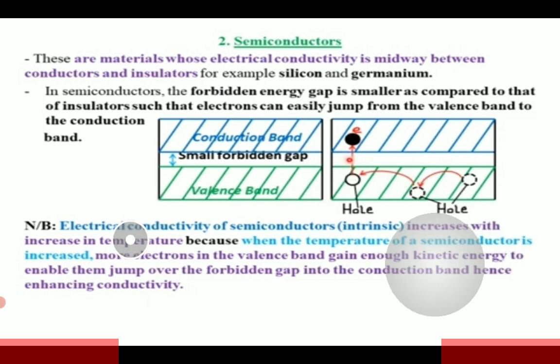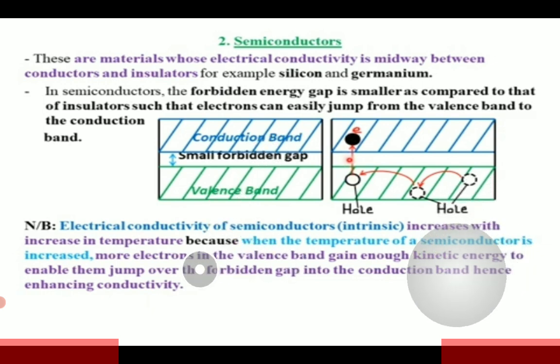All right, so how do you increase the conductivity of a semiconductor? They'll ask you, how can you enhance the conductivity of semiconductors? For example, silicon. How can you improve its conductivity? How can you improve the conductivity of germanium?